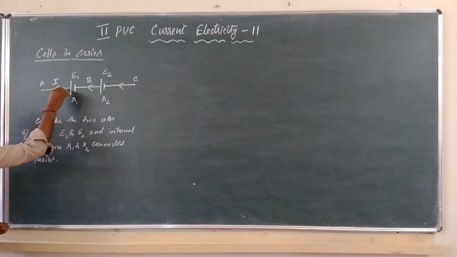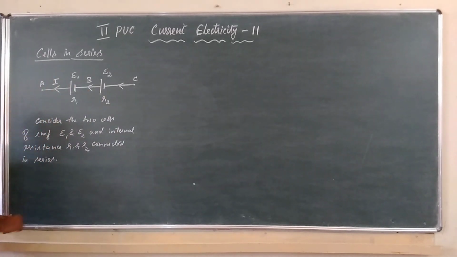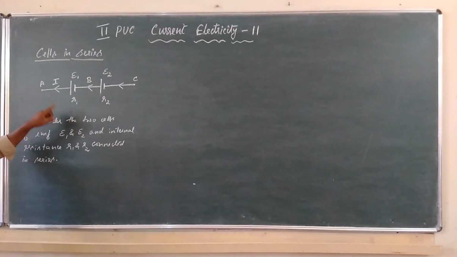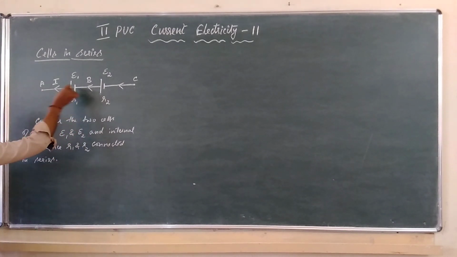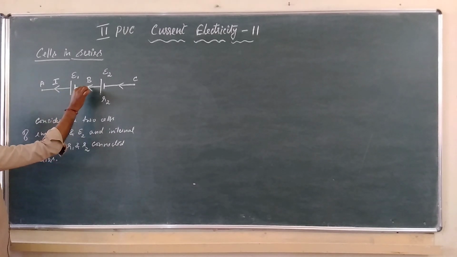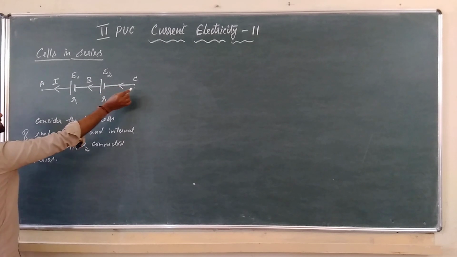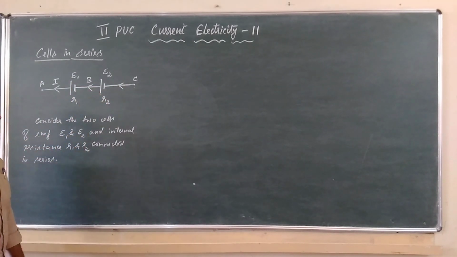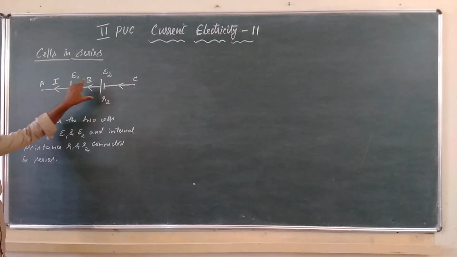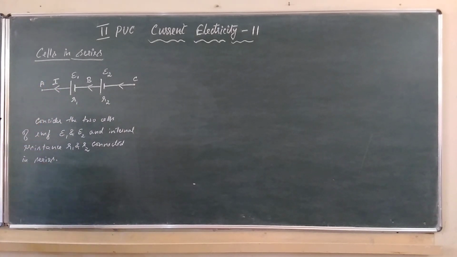Because you calculate the terminal potential difference if there is a current flowing through the cell or through the circuit. Since here the current is flowing, the potential difference across A and B or B and C is nothing but the terminal potential difference across the individual cells.